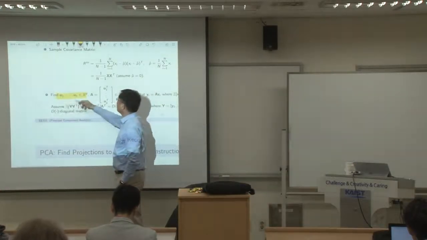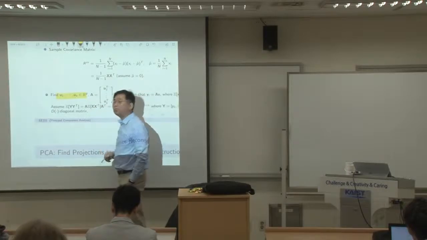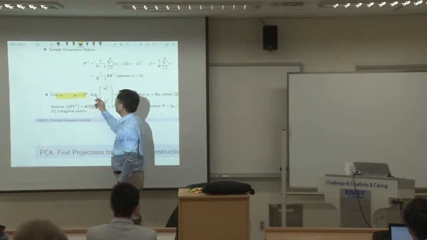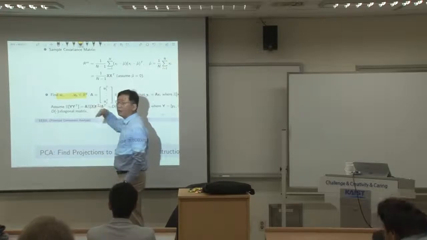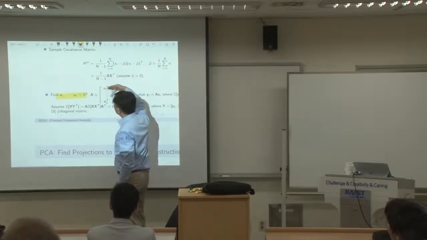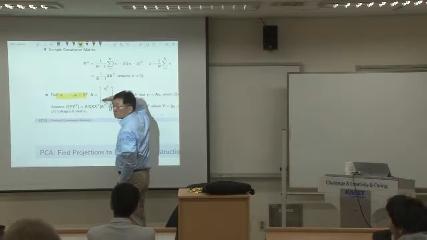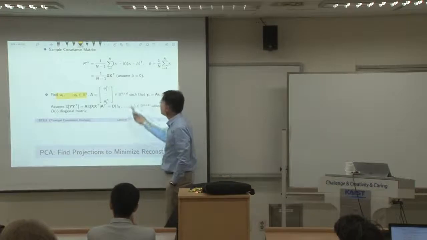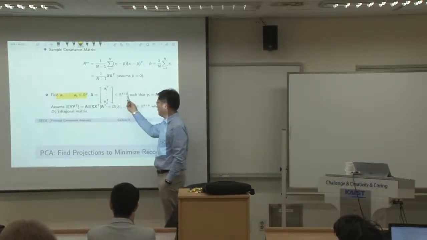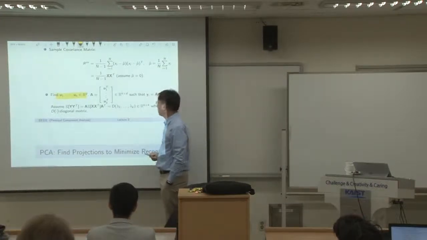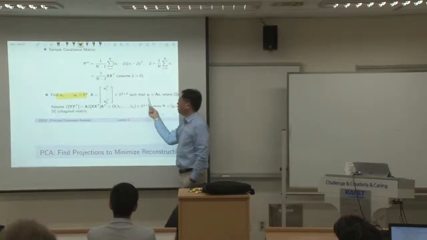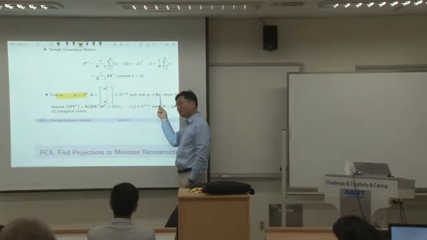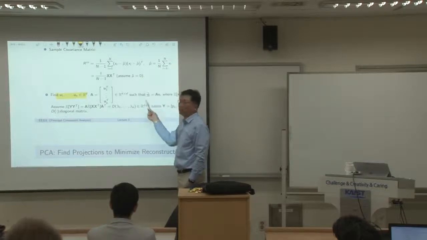I'm going to define a matrix A that places these k coordinate vectors. So this A is a k by d matrix. And I'm going to project my ith data onto this new coordinate system to get yi.